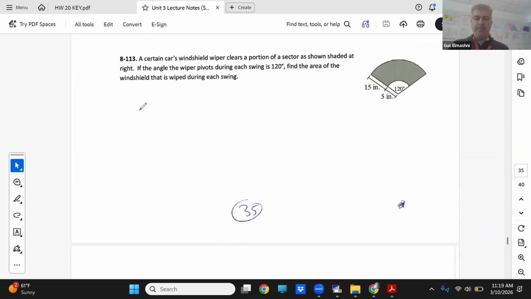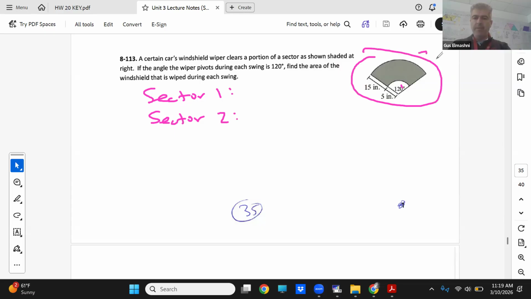Here's what you're going to do. You have two sectors, right? We have sector 1 and we have sector 2. I'll call the little white portion sector 1, and I'll call the whole thing sector 2.